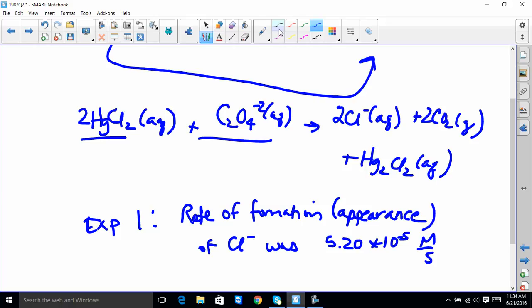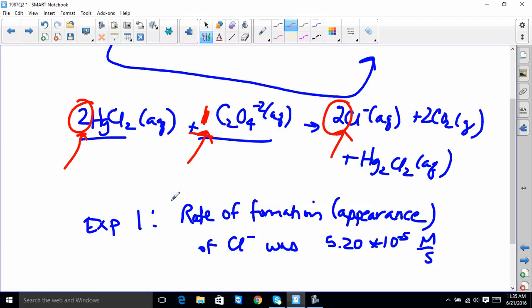Well, you can see, I'm going to switch colors, that there is a 1 to 2 mole ratio. In other words, this is appearing twice as fast as this is disappearing. This would be disappearing at the same rate as this because this and this match, but this is 1, which is half of 2.